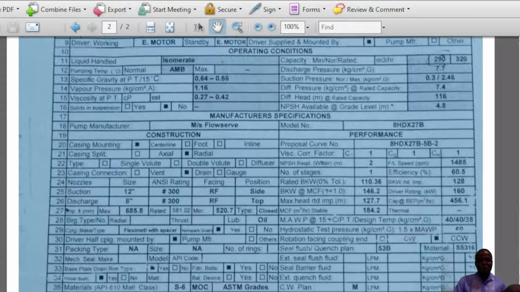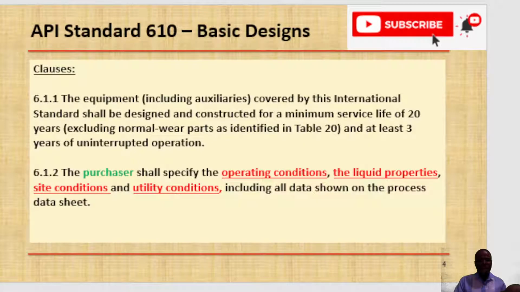The liquid properties have been specified in terms of the specific gravity of the fluid, the vapor pressure of the fluid, the viscosity of the fluid, and whether the fluid is going to be having solids in suspension or not. And the type of liquid that the pump will be handling. So this and many other things have to be specified, as per API 610.